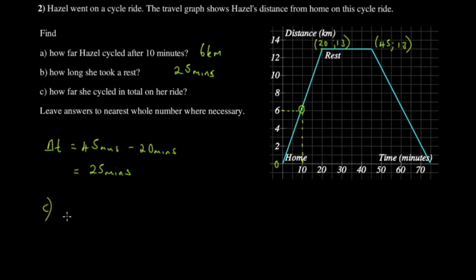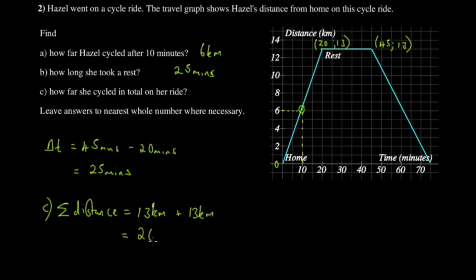So the total distance, you can write this one as sigma. Anyone who would be marking your paper will know that sigma simply means total. So here it's 13 kilometers, which is the distance, plus the distance for the return journey, which is 13 kilometers again.